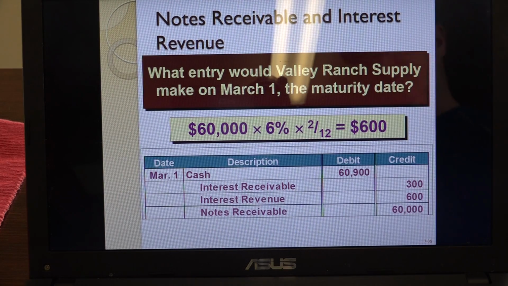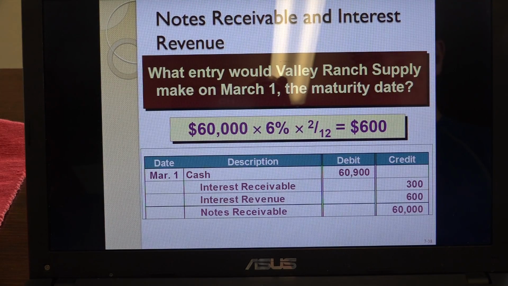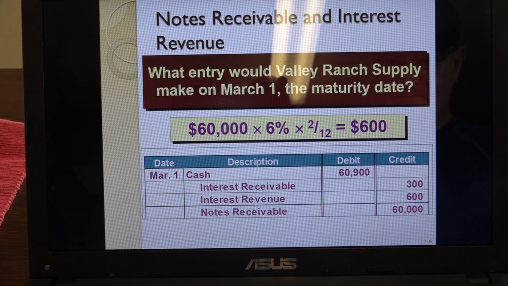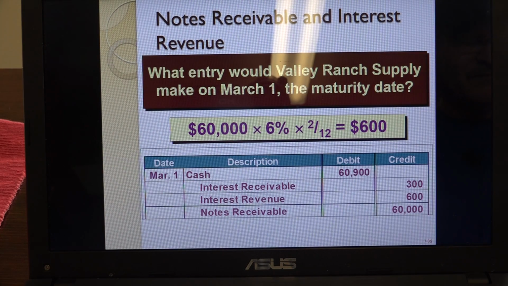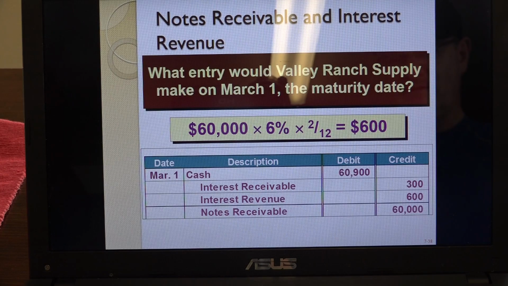And so, okay. March 1 is the maturity date, not February 28th. So anyway, you've got 2 more months of interest you have to deal with in that next year, but apparently you're not going to do it until the payment's made.